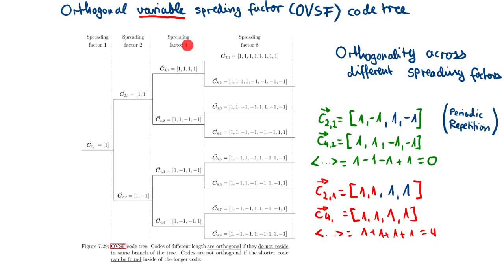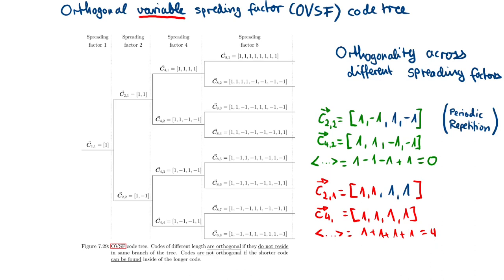And again, for a matrix of order 4, you have 4 codes, and so on. But the order is always a power of 2, because for each stage you just double the order of the Hadamard matrix.